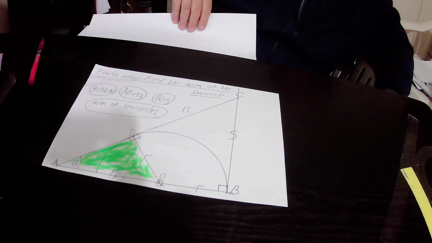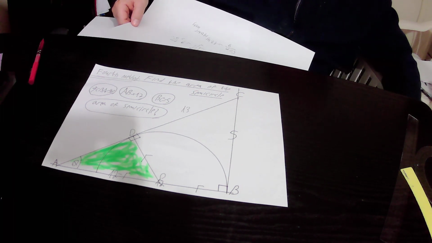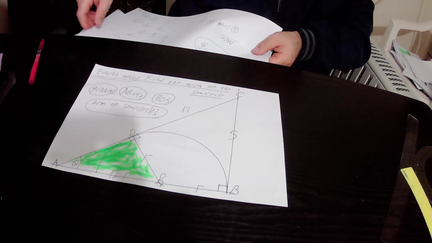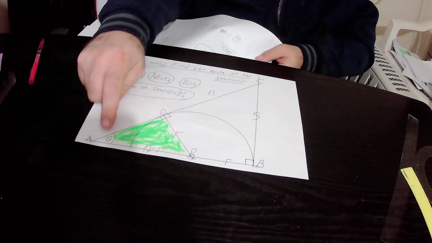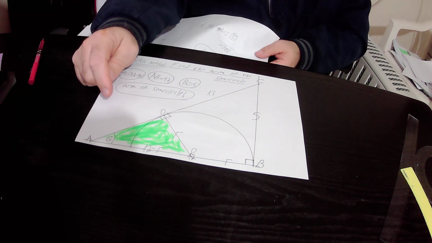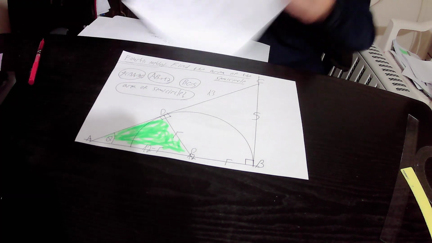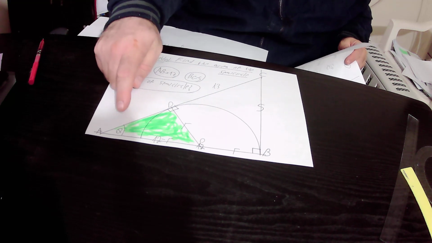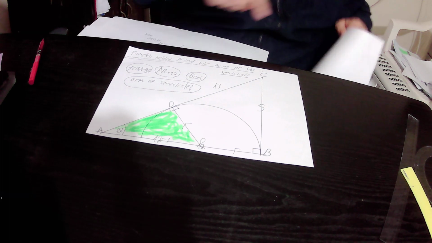In the fourth method, we defined the angle CAB as theta, and we know that if we focus on triangle ABC, the big triangle, sine theta equals CB over AC.